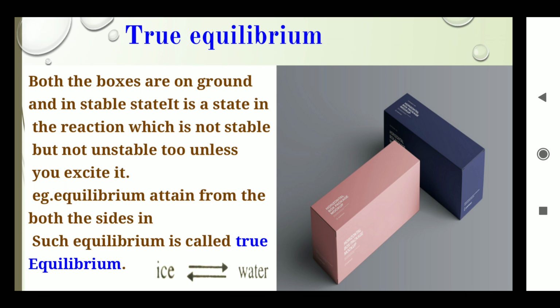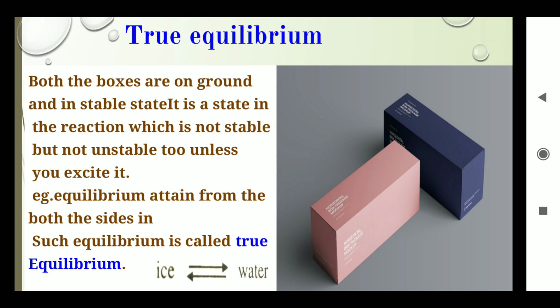From the diagram, it is clear that there are two colored boxes, a pink box and a dark blue box, and these two boxes are present on the ground. That is, these are stable states. So we can say that it is a state which is not stable but not unstable too unless you excite it.